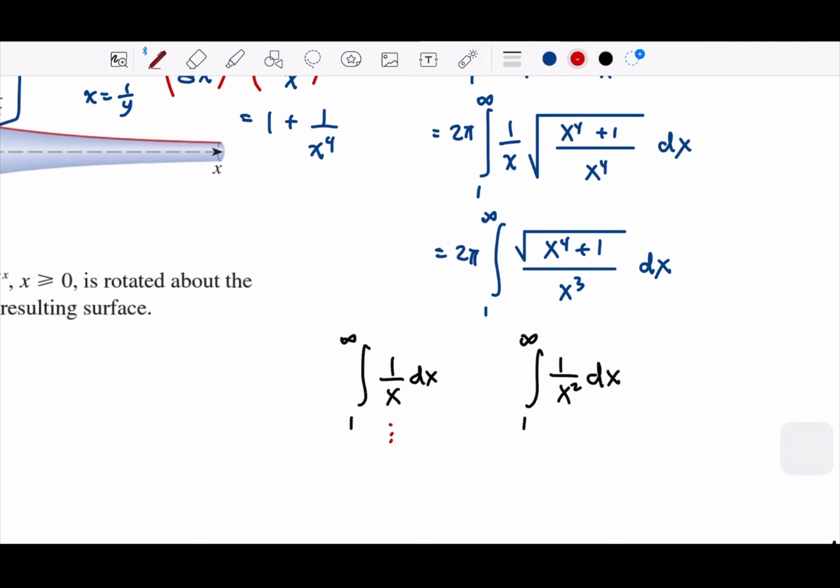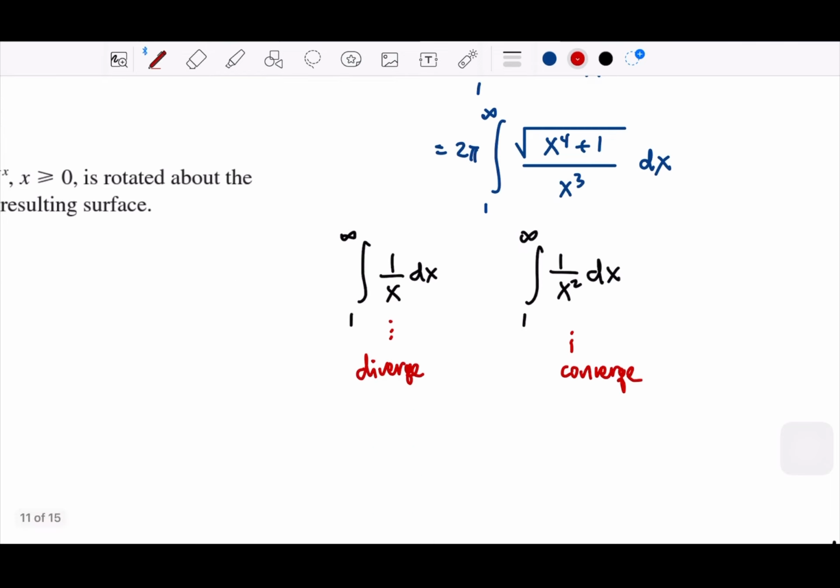This will diverge, and this will converge. And remember, to solve this, you need to use the limit. We could take the limit as, let's say, t goes to infinity. So we have the integral from 1 to t of 1 over x dx.